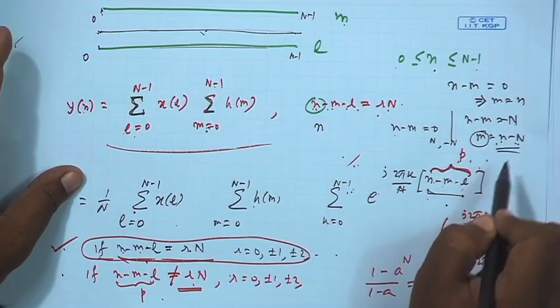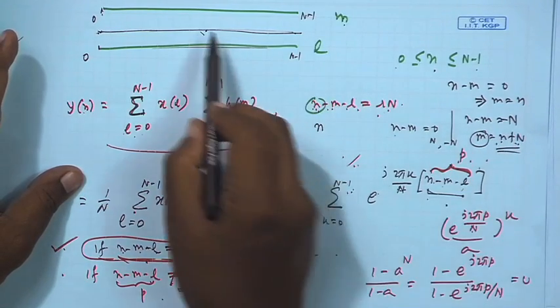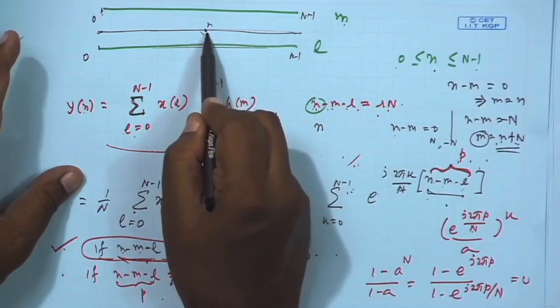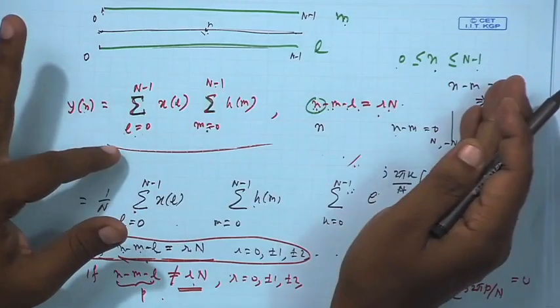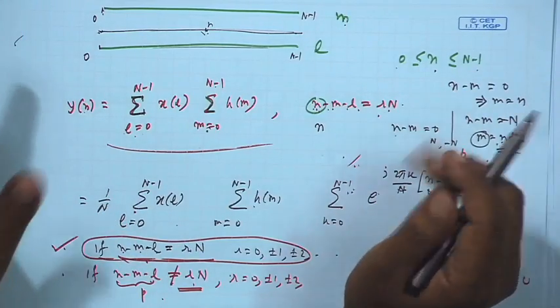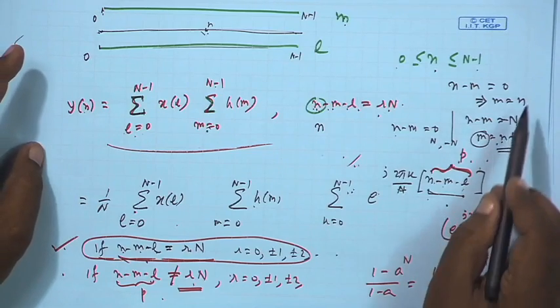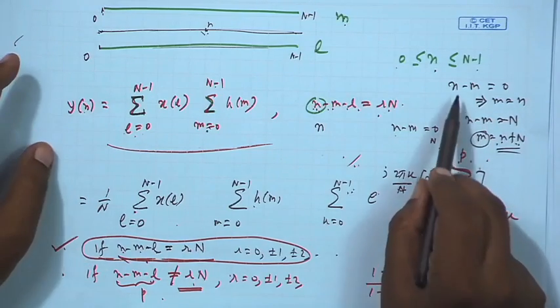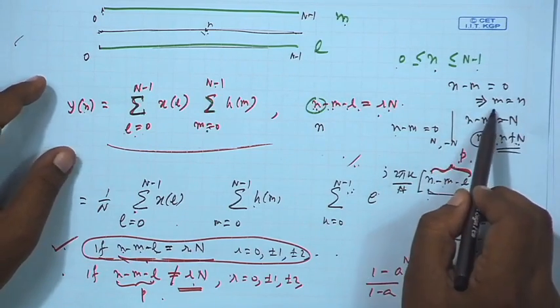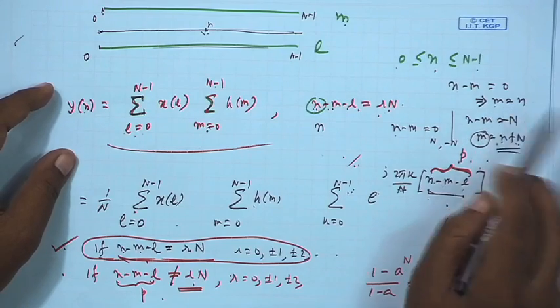If it is minus n, it will be n plus n, so from small n you are going to the right, beyond the range. That is also not allowed. And similarly plus 2n, minus 2n are not allowed. So only n minus m equal to 0 is allowed, which means small m equal to n.